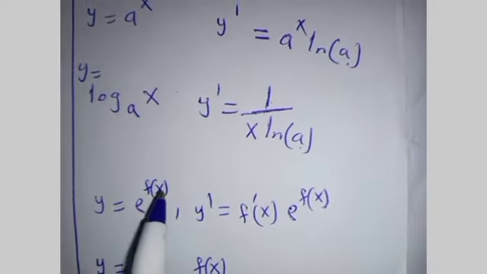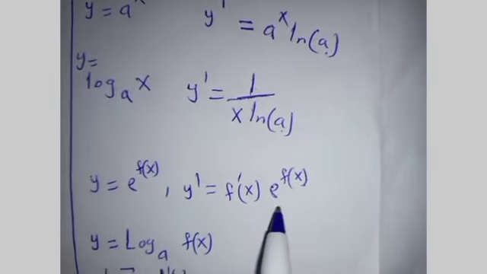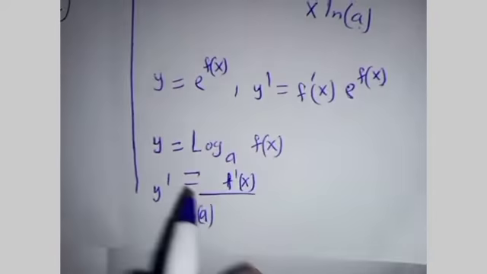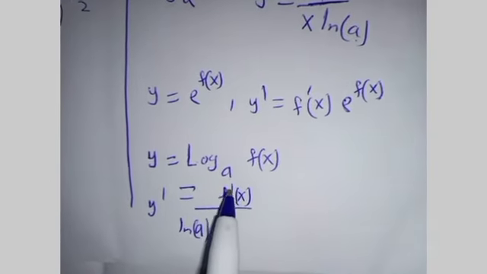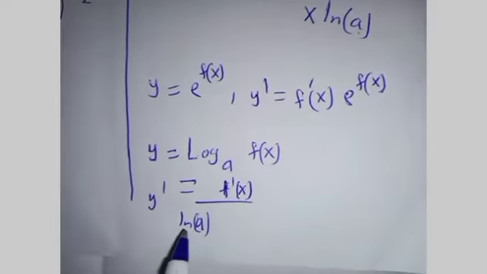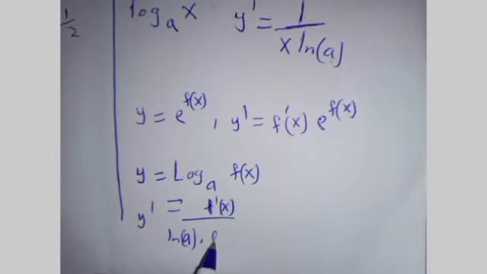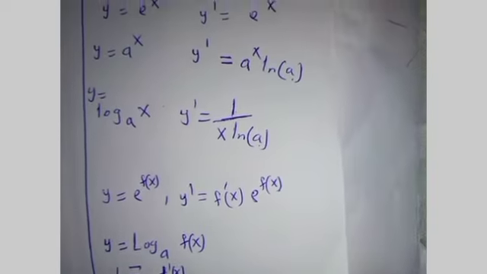If y is equal to e power f of x, you differentiate f of x and multiply by e power f of x. And finally, for log base a of f of x, it is f prime of x over ln of a multiplied by f of x. So that is what is done.